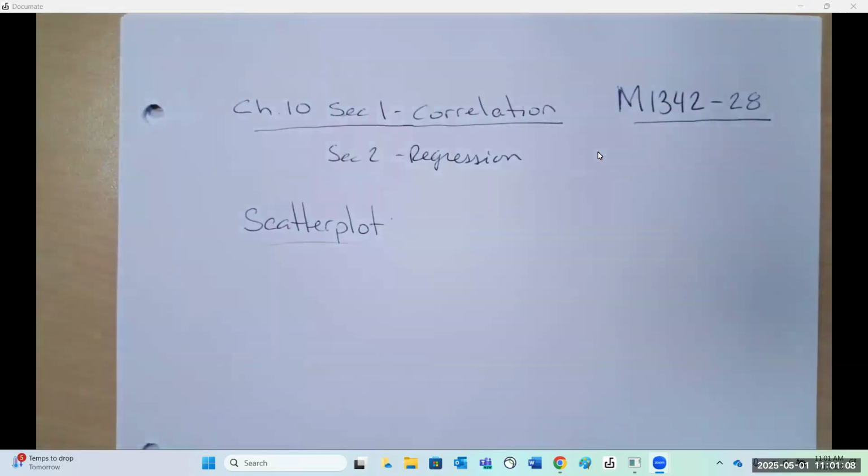The first thing we do is we create a scatter plot. What is a scatter plot? What does it look like? Bunch of dots. Yeah, it's a bunch of dots.